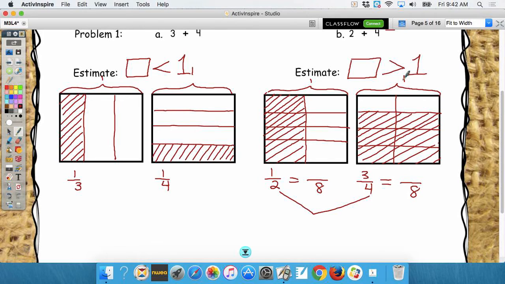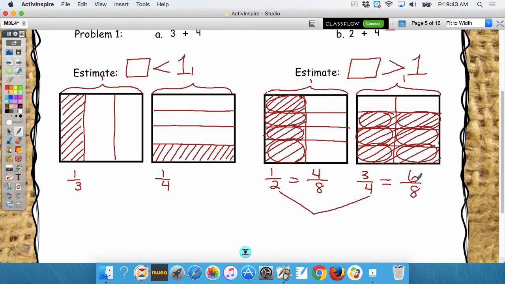Okay, so on the first fractional model, Tucker, how many are shaded out of 8? 4. 4 out of 8. Put your markers down once you get finished writing. And on the second fractional model, Halen, how many are shaded out of 8? 6 out of 8.